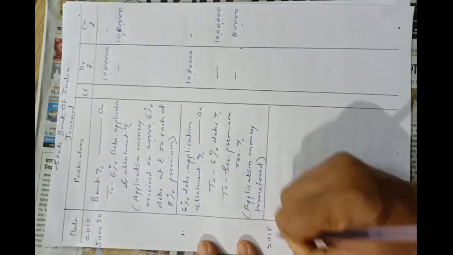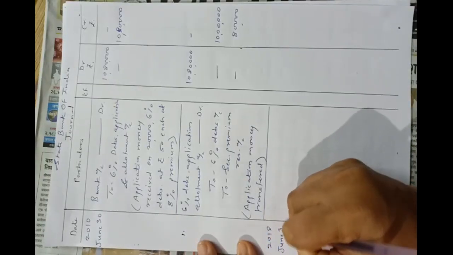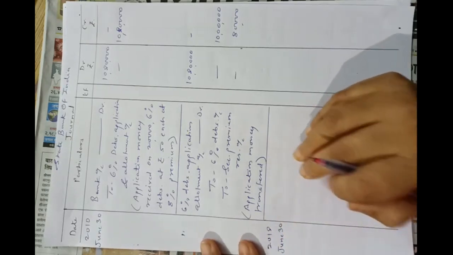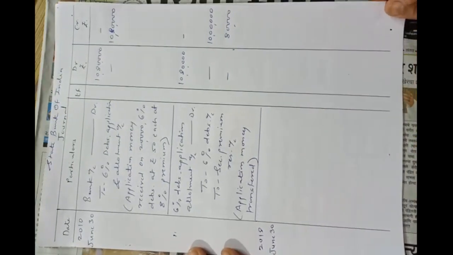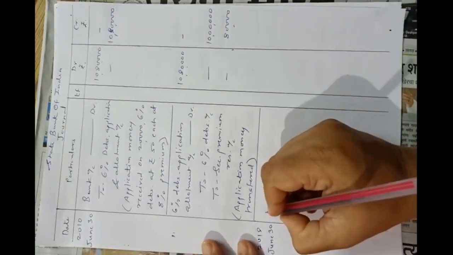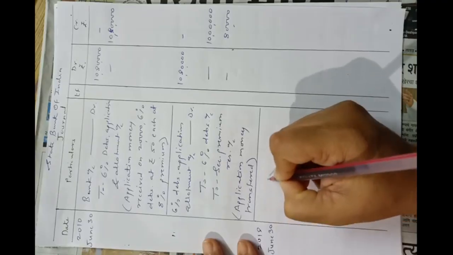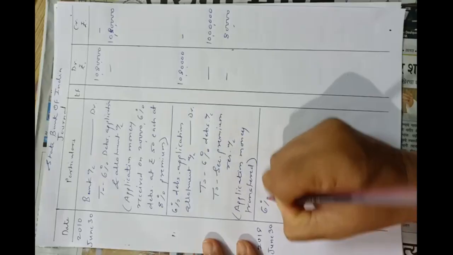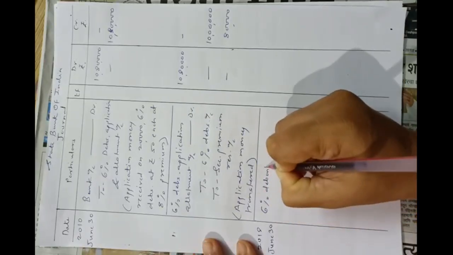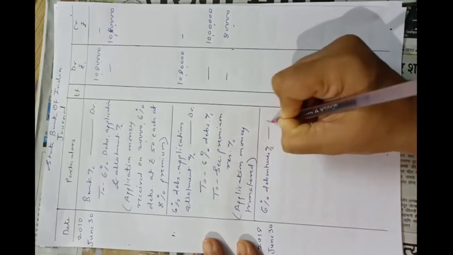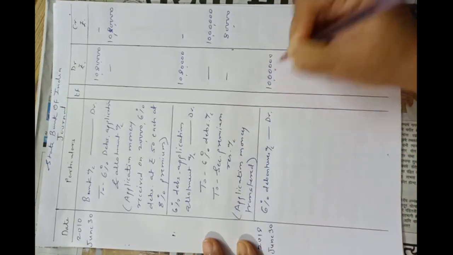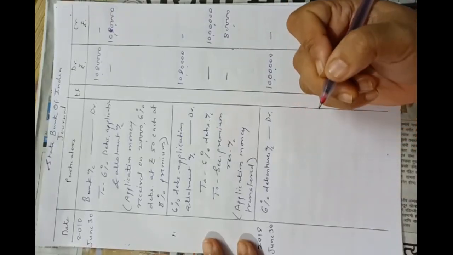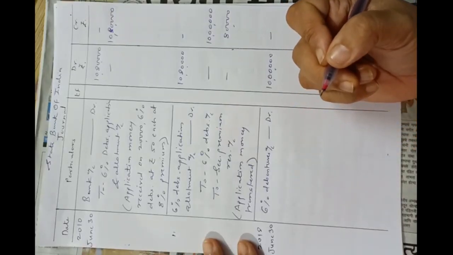Directly on 30th June 2018, entries of redemption, that is the amount due to debenture holders and amount paid to debenture holders. These two entries will be passed. So first, amount due on redemption, 6% debentures account debit 10 lakhs rupees are due because these debentures are redeemable at 30th June 2018.